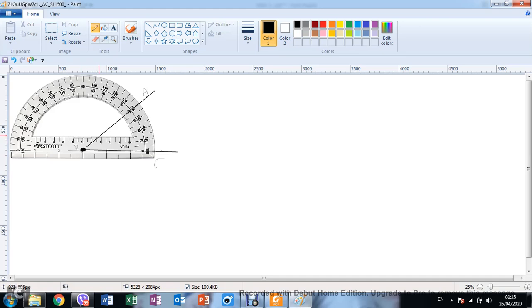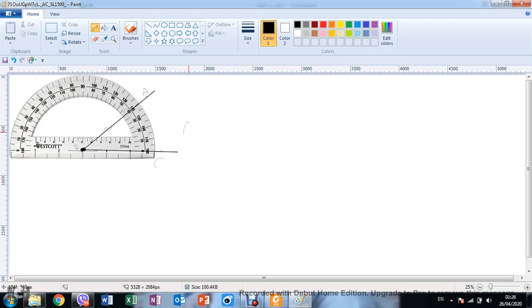After that, look at this line, which number does it pass through? Because we count from this inside 0, we need to measure the inside numbers, okay? So it passed through what? Through 40, yes? It means our angle is equal to 40 degrees.